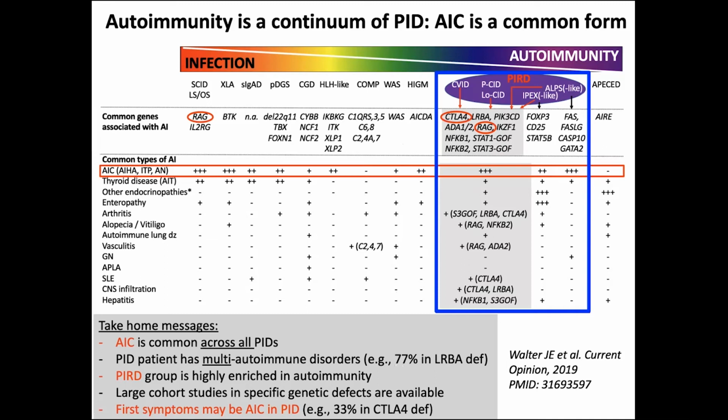And now we have large cohort studies in specific genetic defects, and we could actually establish that cytopenias can really precede the onset of infections in PID, such as in case of CTLA-4 deficiency, 33% of the patients with cytopenias will present before they actually have infections.